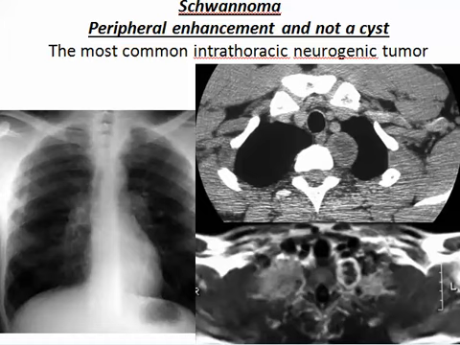Here is a tumor that has the texture of a mass and not a cyst, with widening of the related intervertebral foramen, and it is seen as a left paratracheal mediastinal widening at the apex of the left lung, seen in the CT as a soft tissue mass with enhancing margin.